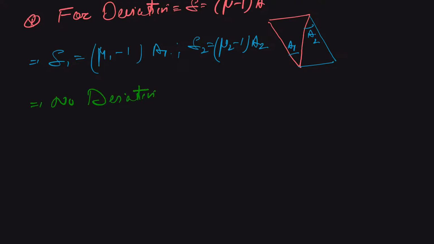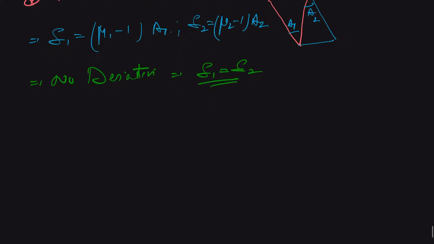No deviation means the deviation because of the first prism will be cancelled by the deviation of the second prism. Simply, the deviation because of the first will be equal to the deviation of the second. So we put their respective formulas: (mu 1 minus 1) times A1 is equal to (mu 2 minus 1) times A2.